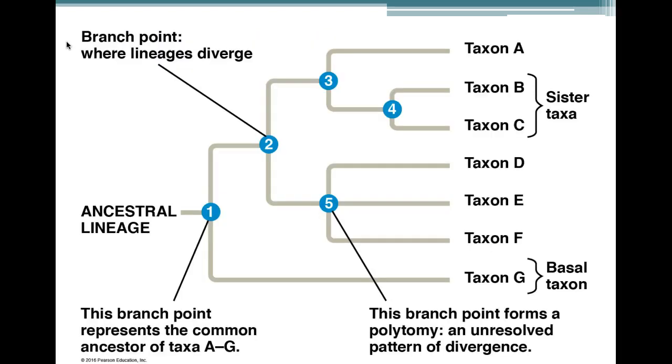Please take a few minutes to study this phylogenetic tree. It's a general phylogenetic tree, but there are some things that you need to understand about it, and it's on page 397 in your textbook. So looking at this again from left to right, the numbers indicate the branch points where there's likely a common ancestor.